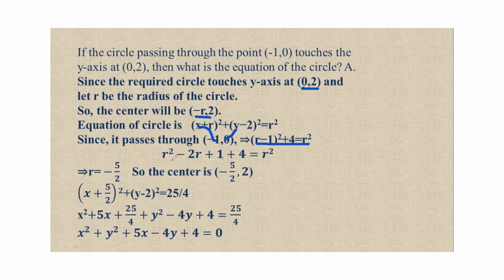Rearranging the equation and solving, r equals -5/2, so the center is (-5/2, 2). So the equation of the circle is (x plus 5/2) to the power of 2 plus (y minus 2) to the power of 2, which equals 25/4.